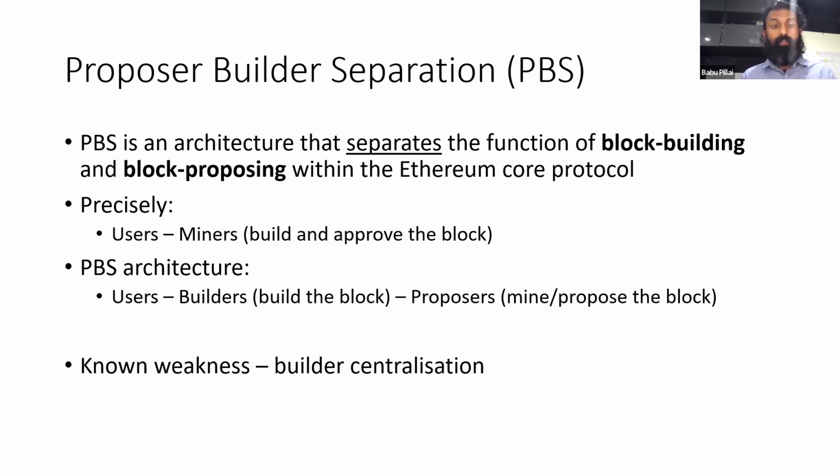But at a high level, the architecture looks like that. Now, one of the key weaknesses we can clearly see here is builder centralization. The builder can see the users' transactions, what is in them, and they can extract MEV there. That's one known limitation or weakness here.